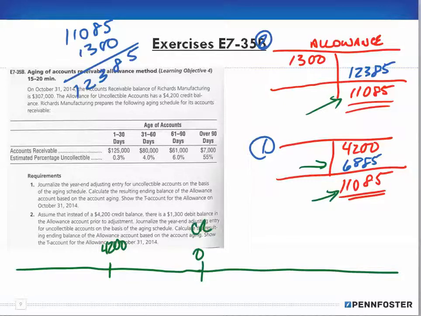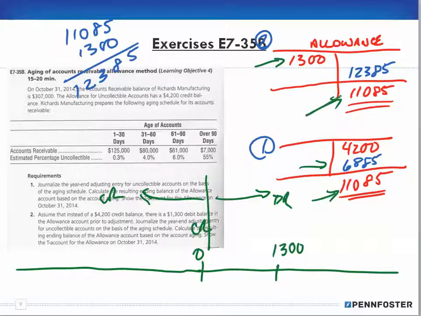Okay, so in the second scenario here, let me erase this. I'm starting out with a debit balance of 1,300. Remember, normal balance is a credit, so this side's a credit, and this side is a debit, right? So I'm starting out here on the number line at 1,300, and I need a balance of a credit of 11,085. Well, if I'm going in this direction, I'm going to need a credit.